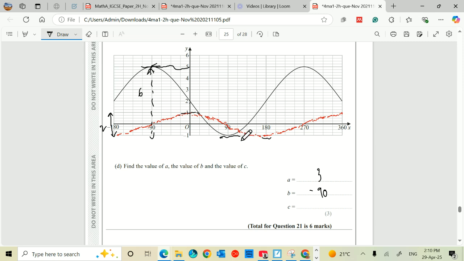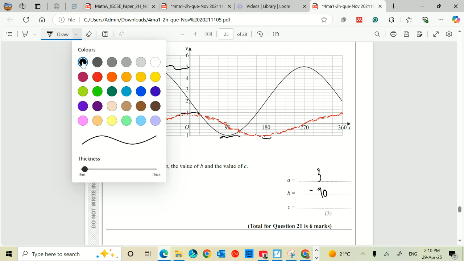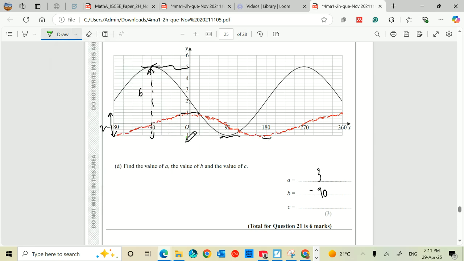Well, the value of c can be found, well, hold on. The difference between minus 1, let's change color pens here, minus 1 here and 2 here is 3. So that gives you a value of 3. And of course, we already know that 6.